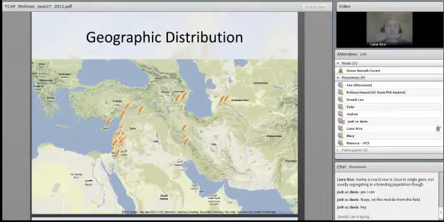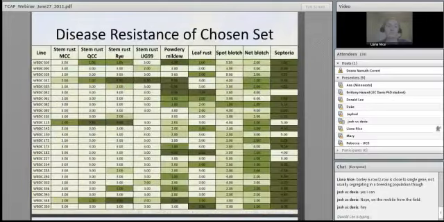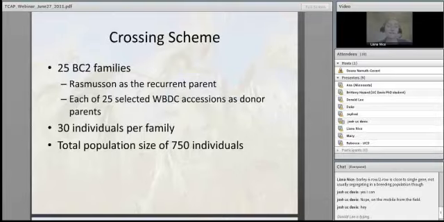You can see there is a predominance of these Western type barleys in the area around Israel, Jordan, Syria, but I do have a few that are more in the eastern range. Now, disease resistance of the collection: the darker the color, the more resistant, and there's quite a range of resistance to different diseases in the population. So I think I have a pretty good selection of individuals as parents, and I'm capturing a large amount of diversity in this population.